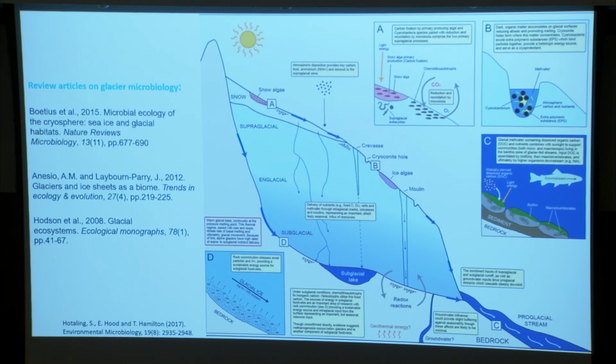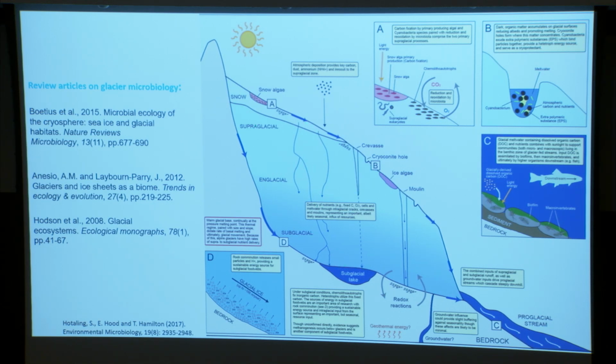And with these holes, microbes are attached to the individual sediment particles, forming a biofilm around them and a sort of hotspot for microbial activity. As the cracks form throughout this endglacial environment, you can get movement of water and other nutrients, materials that get transferred from the surface down through the endglacial into that subglacial realm.